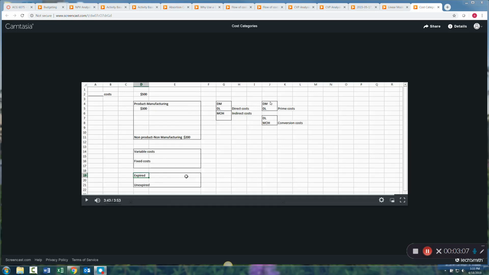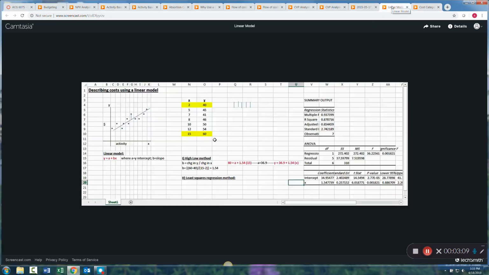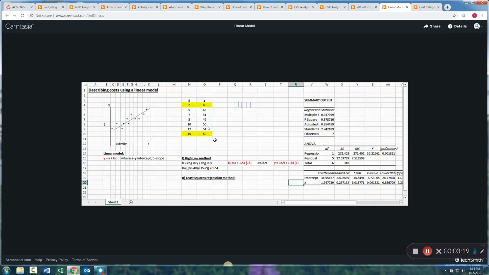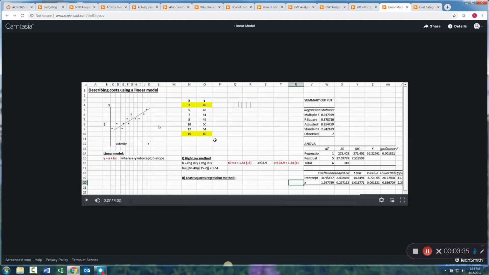Okay, so let's look at where we went from there. From the first section, we went on to look at how we can use statistical methods to break apart what is variable and what is fixed. So one of the methods we used was linear regression, and the idea here is for us to plot real data, allow real data to guide our model.